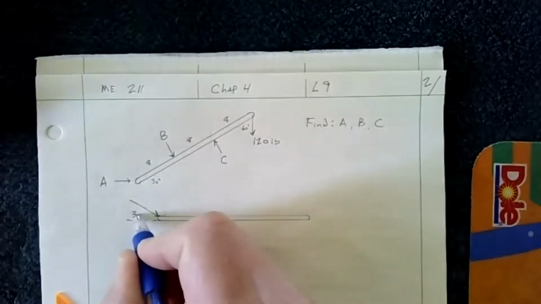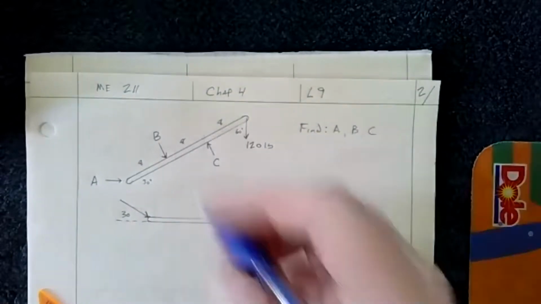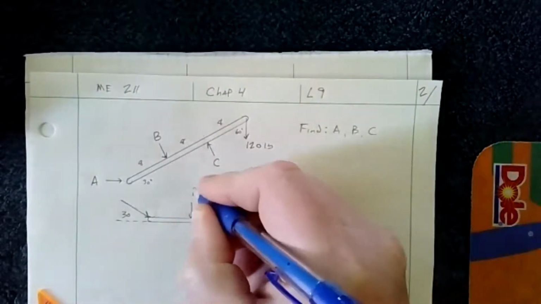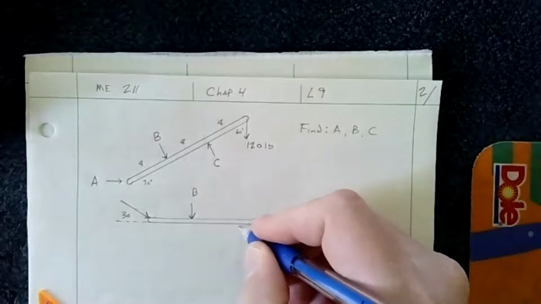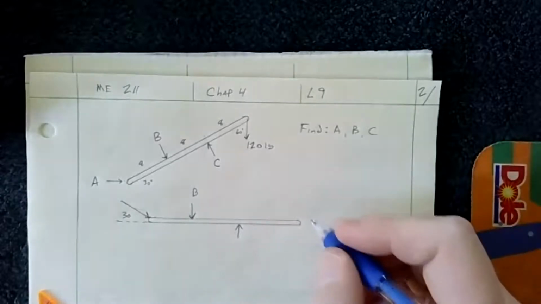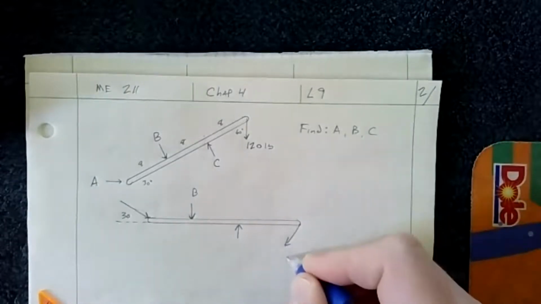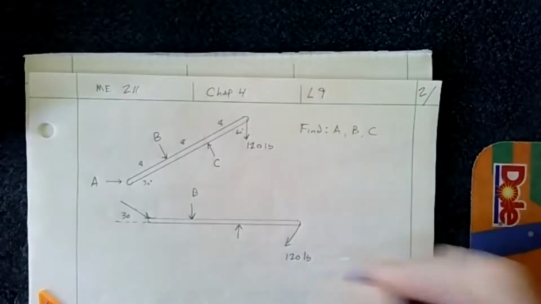It would be at 30 degrees. Then I would draw B and C, and then my 120 pounds here.